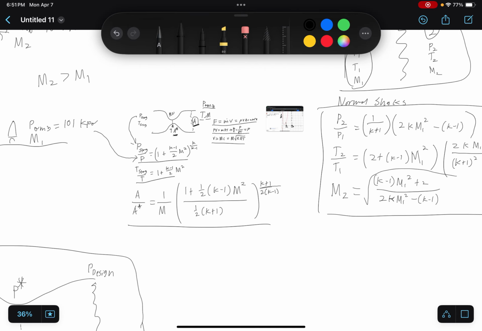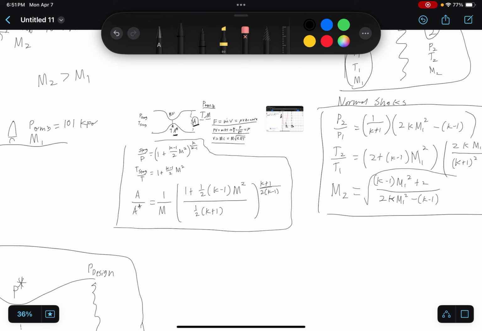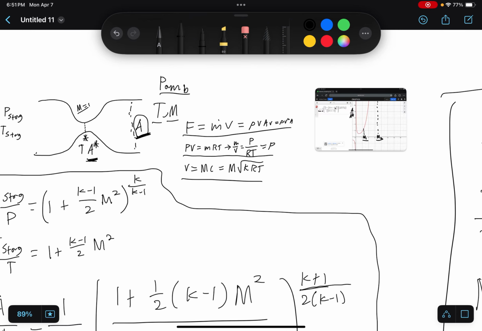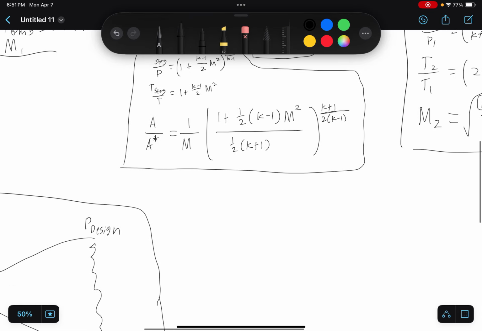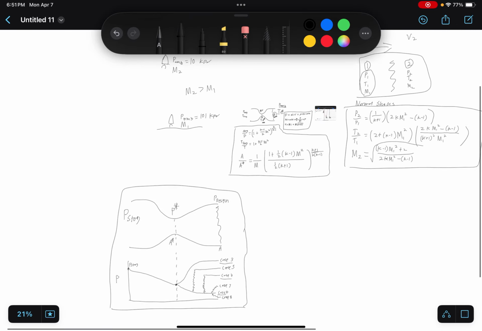So far, I'm going to erase these as well, and these lines. I'm going to make this as clean as possible. Cool.